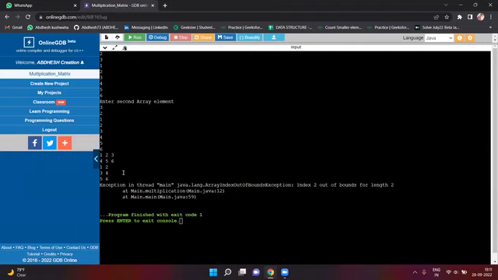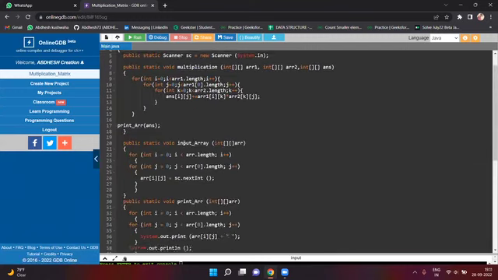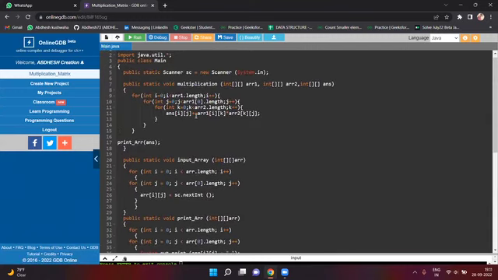Show me line number 12. Okay, answer of ij equals array1 of ik into array2 of kj. It is correct. Why is it showing such an error?